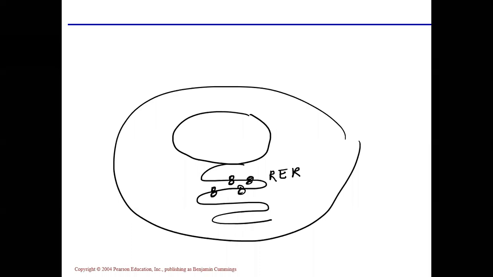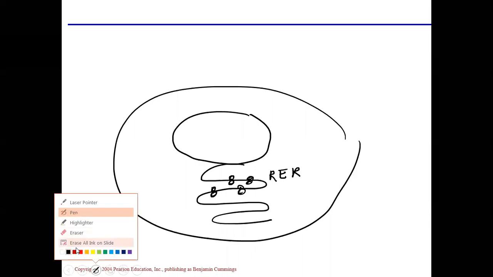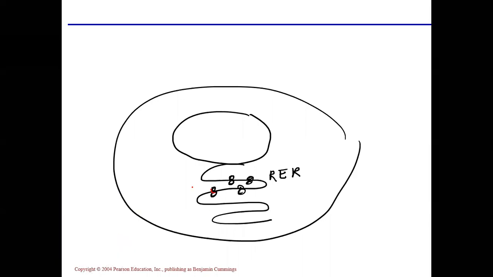So the enzymes that catalyze the lipid synthesis, all of those happen to be related to the rough ER, rough endoplasmic reticulum, all right? So over here, you're making the protein. This protein later on could be an enzyme, for example, or other things that we discuss.